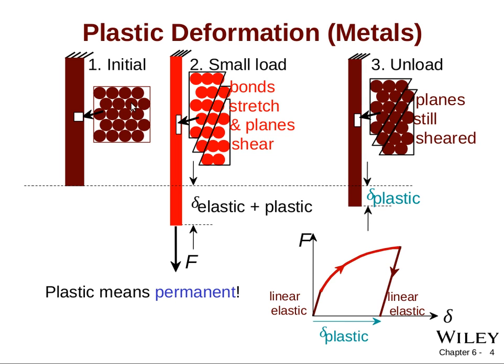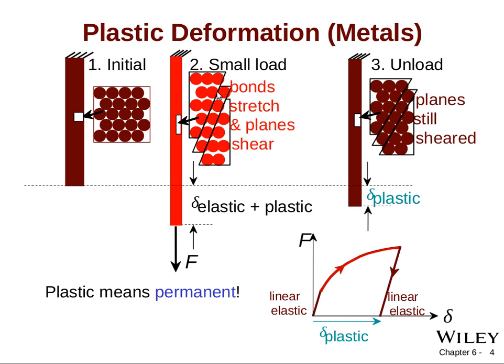Whereas the bond between these two might not break, so this atom will slide down to here, and that's called slip. You can see this plane of atoms, after the plastic deformation, slips down by one atomic separation. And the same with these ones down here.